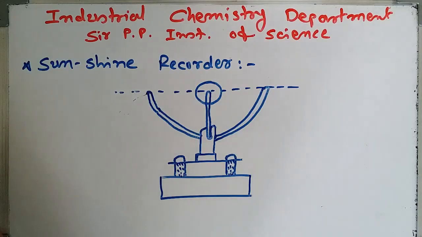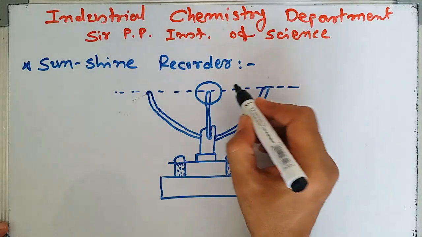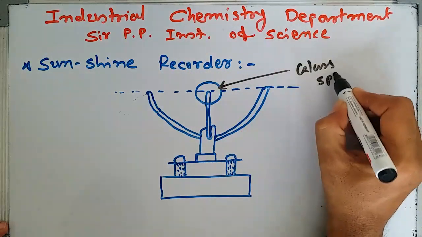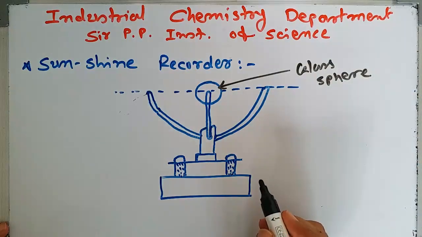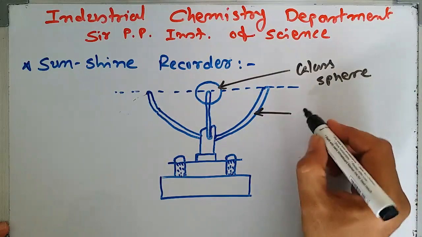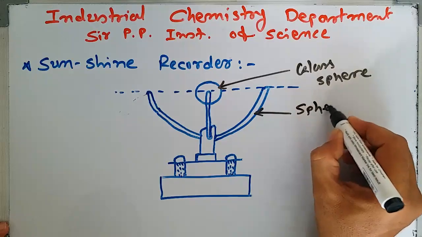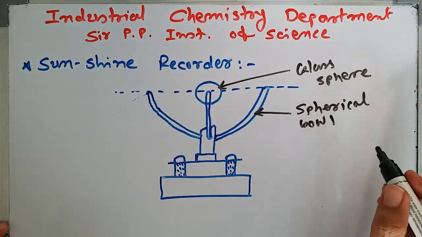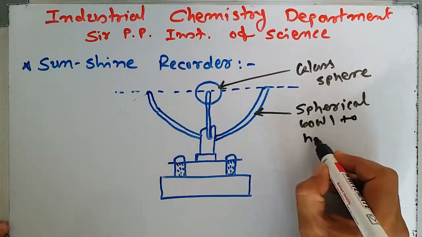Now we state the nomenclature of the different parts of the sunshine recorder. This is a sphere, and this is a glass sphere. This is a spherical bowl to hold paper.